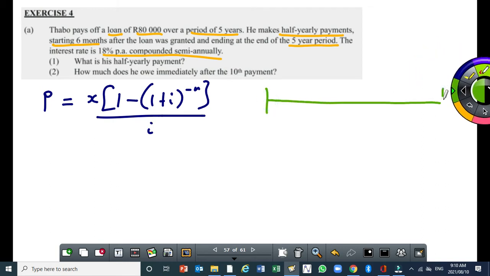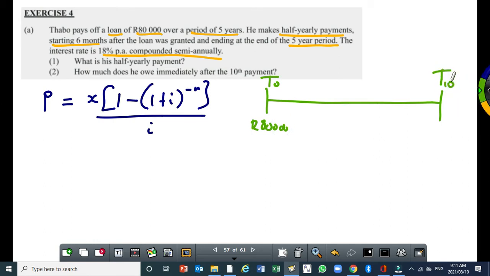Now, just to do a very simple timeline here. So we have got a 5-year period, right? How many 6 months are in 5 years? 10. Right, there are 10 of them. So T naught, 80,000 is borrowed here, right? So we have got up to T10. Right, the first payment was made at T1, we don't know that amount.